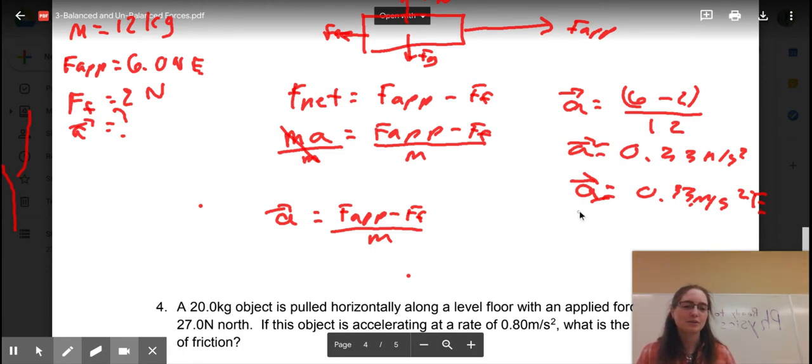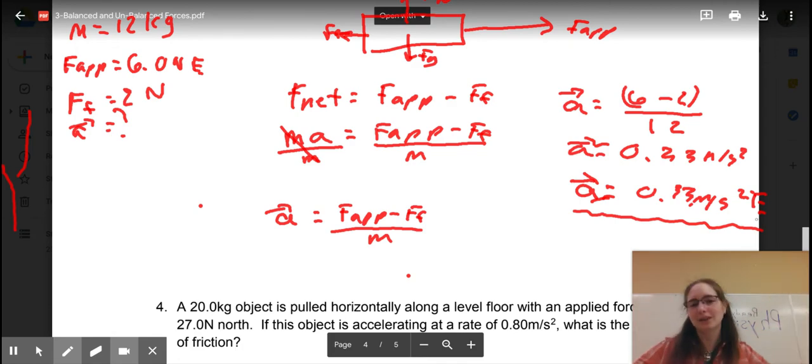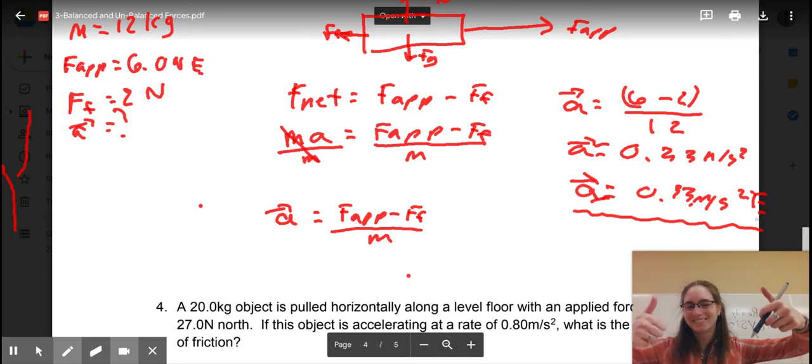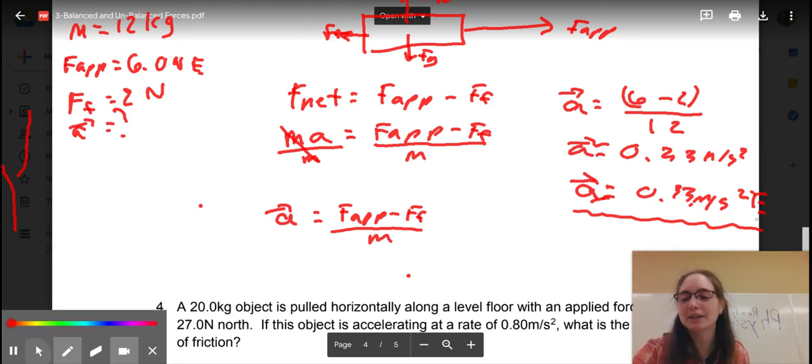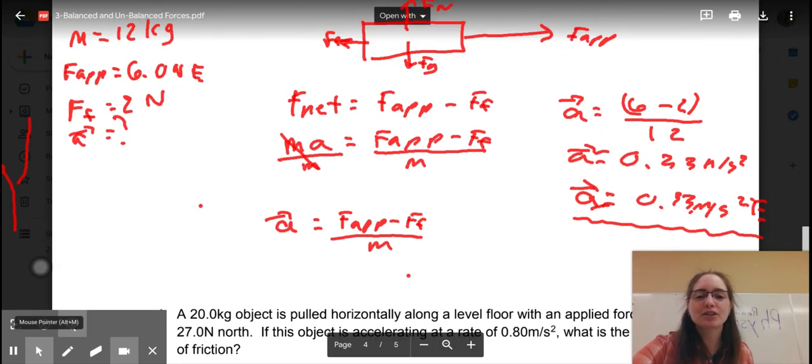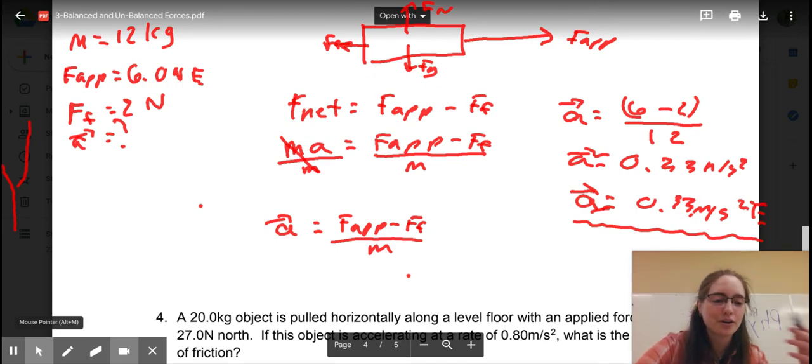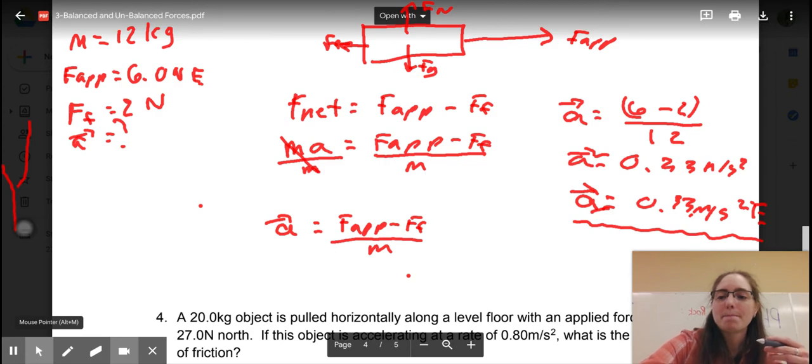Okay, so underline or box your final answer so I know what you want me to mark as your final answer. Help me help you get the most points possible. Show your work. All right. So that is our first question, where we're finding acceleration.